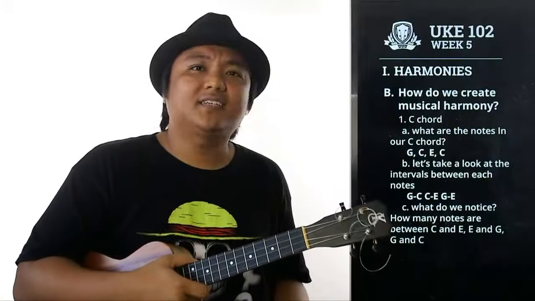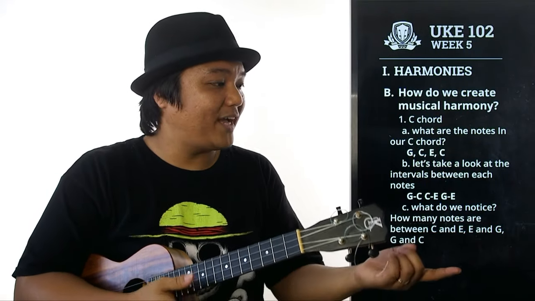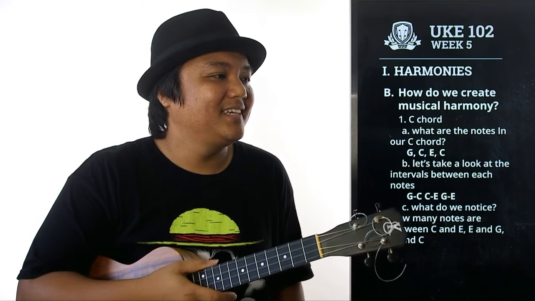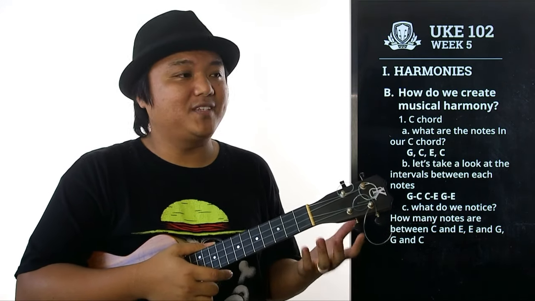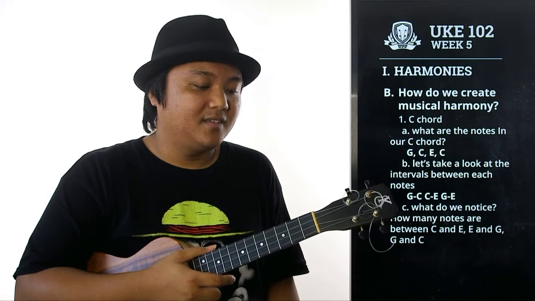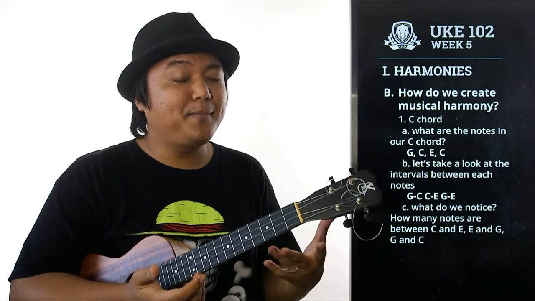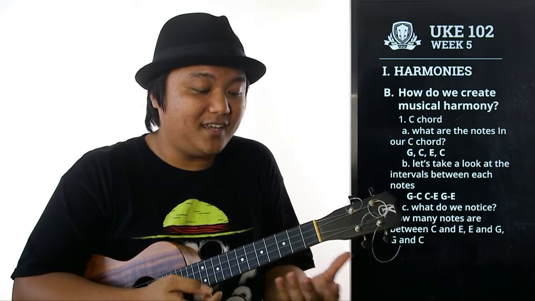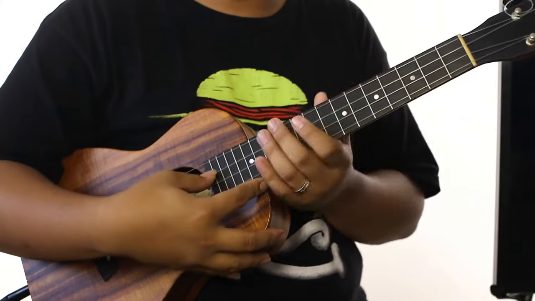So how does this fare if someone is doing a strum? So Aaron, can you strum a C chord for me, please? So Aaron's just gonna strum a regular C. And I can play that melody line. Why? Because it is in the key of C. I'm playing the C scale, right?